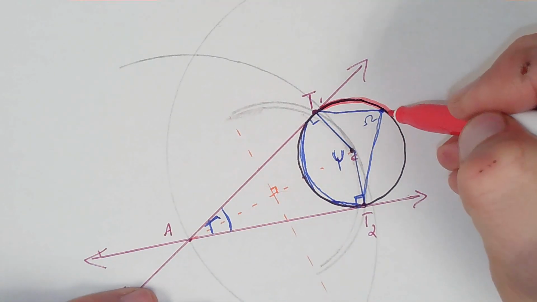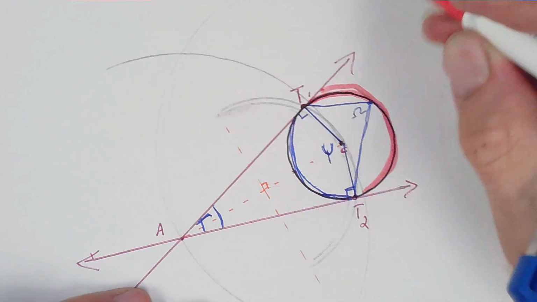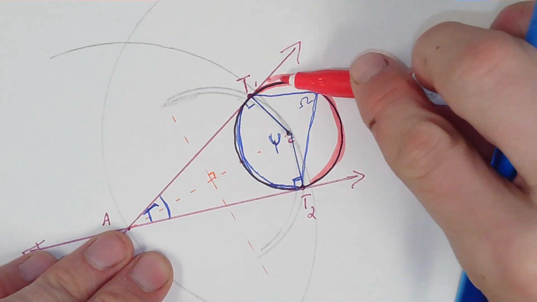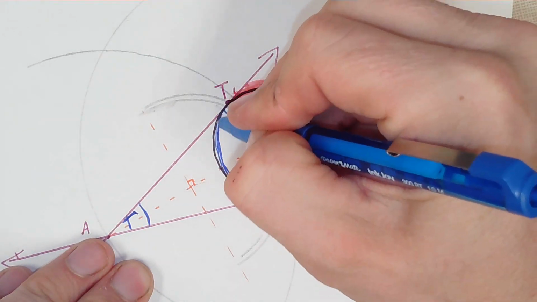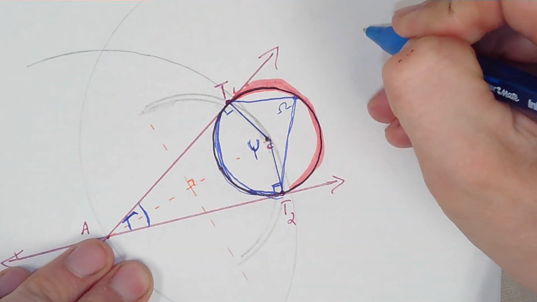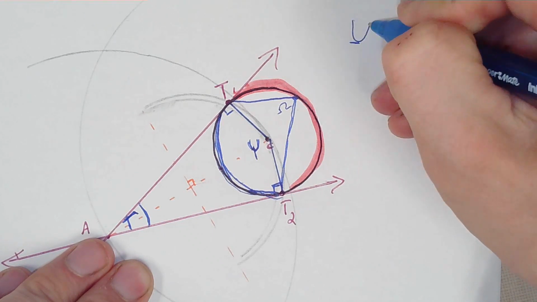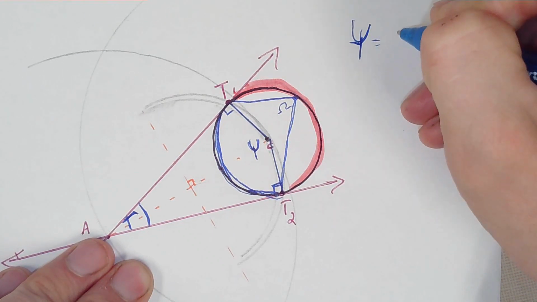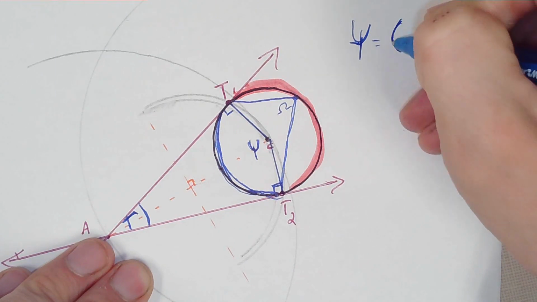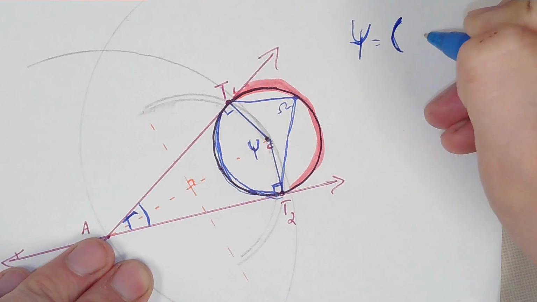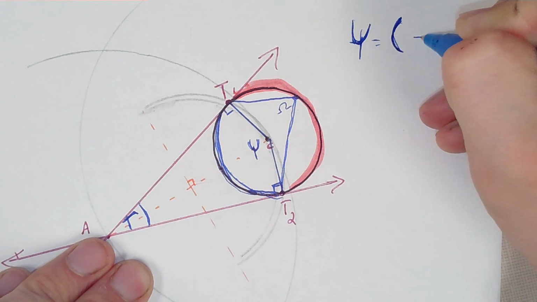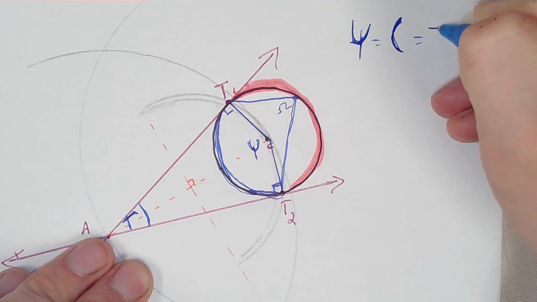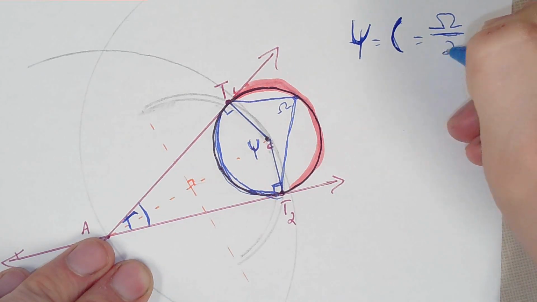And I had an arc, another arc right here. Okay, relationships, all this stuff. We're going to call this arc blue. Right, so the angle equals my arc blue measure. Sorry, that's psi. I said omega. Psi equals omega divided by 2.